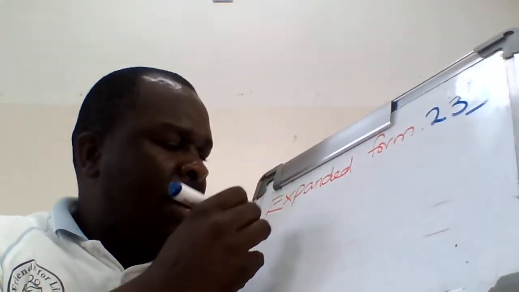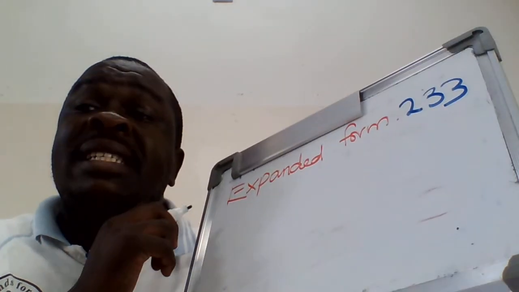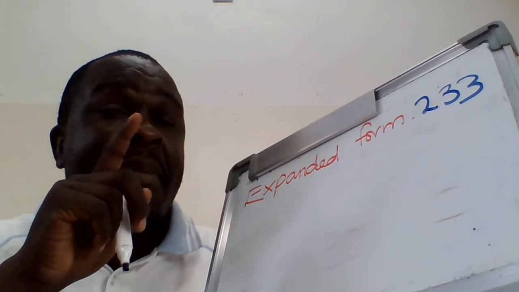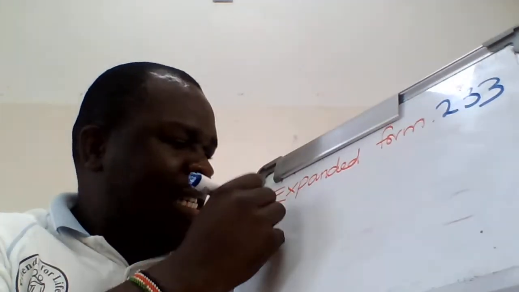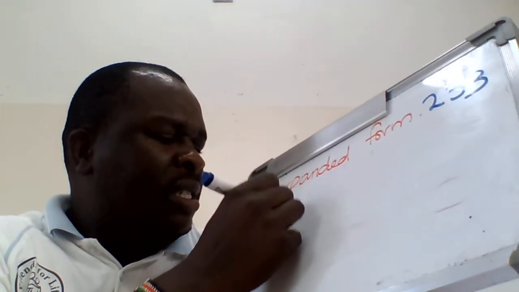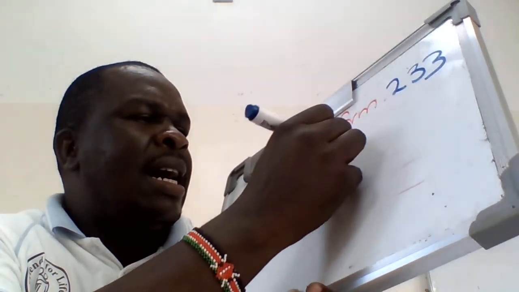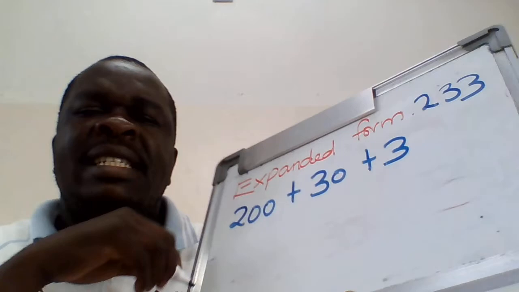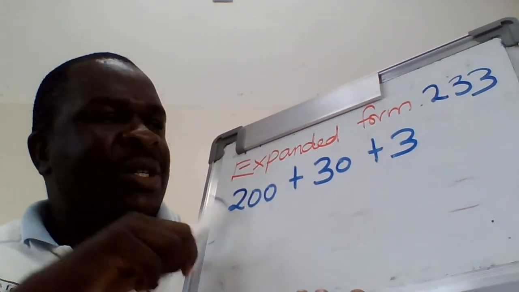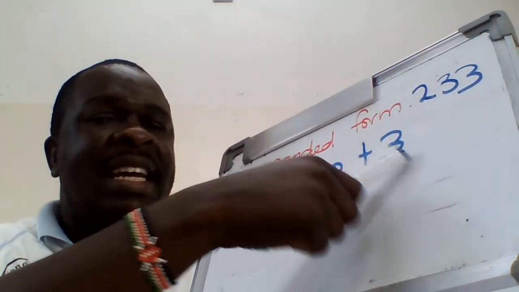Therefore, you just remember the number sentence. This is 200, we use a plus 30 plus 3. That is expanded form. 200 plus 30 plus 3.